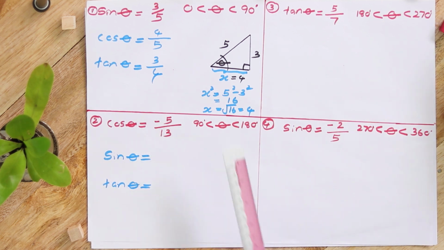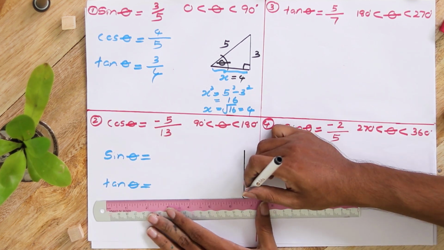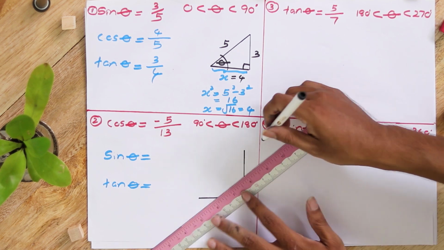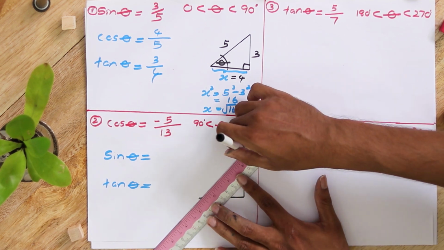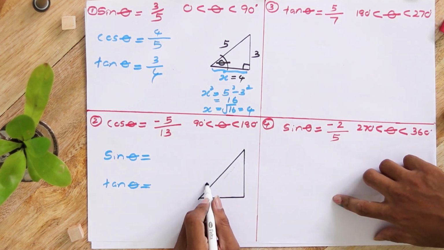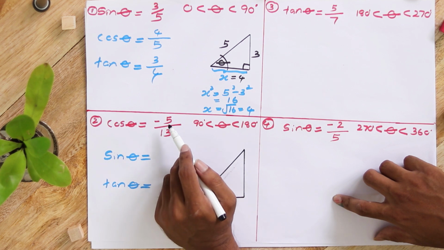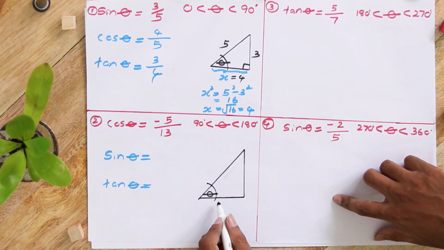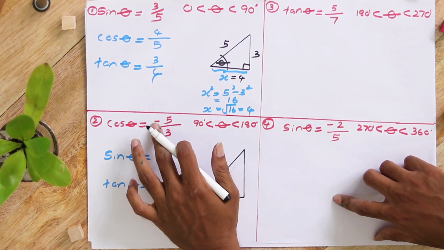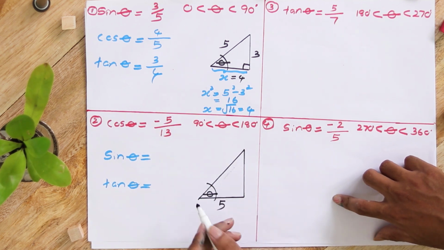Now if you take a right angle triangle, now if this is theta, and as you know cos means adjacent side over hypotenuse, so this is 5. Remember, we are not considering this minus, we are just taking the positive value temporarily, and this is 13.